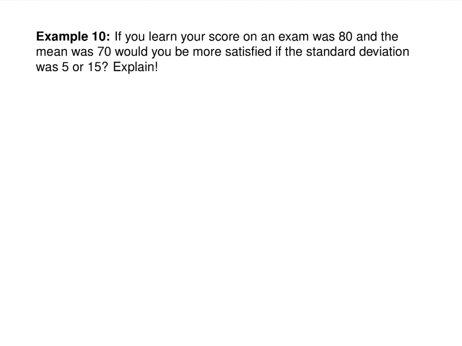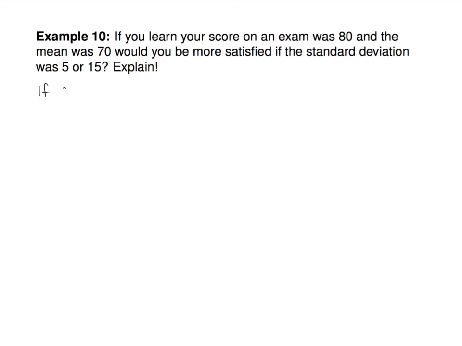Okay, the final example. So suppose you learn your score on an exam was 80, and the teacher also tells you that the mean was 70. Are you going to be more satisfied with yourself and think yourself really cool if the standard deviation was 5 or 15? So explain.